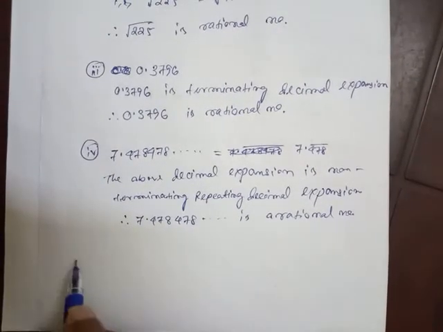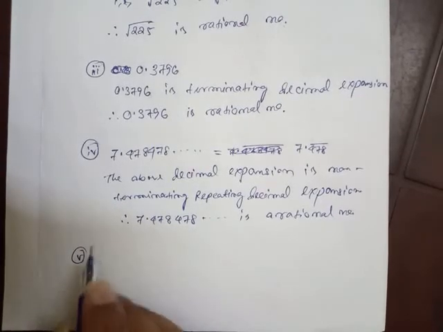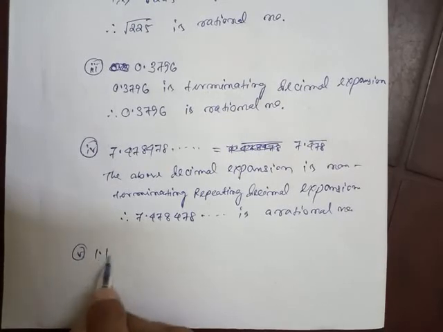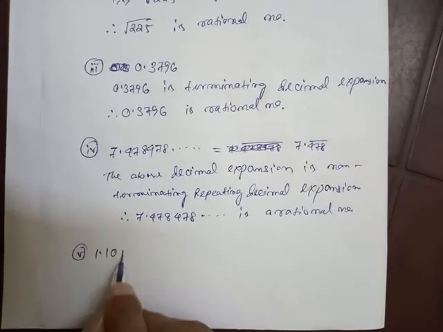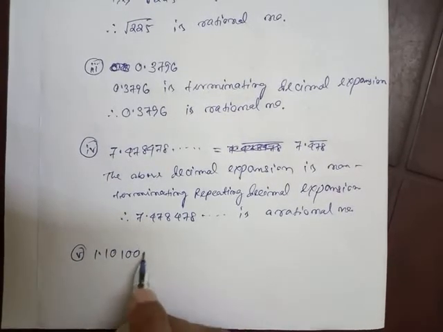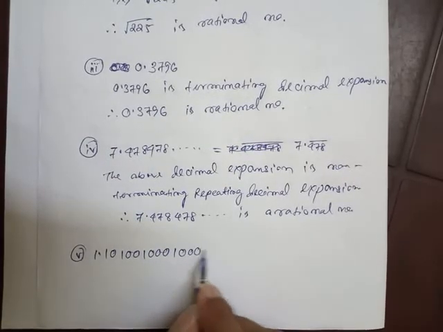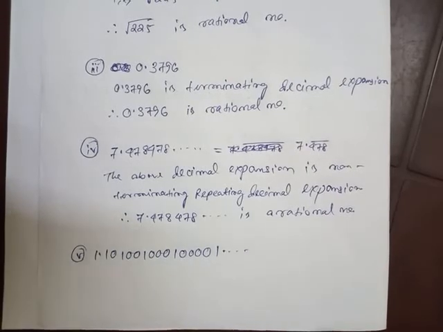The last one is Roman 5. The question is 1.101001000100001 and it will go on.